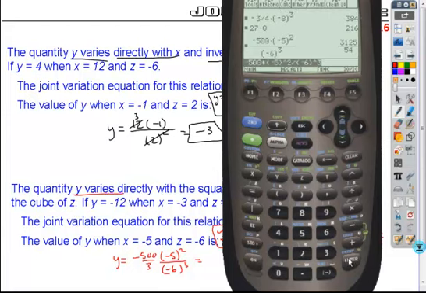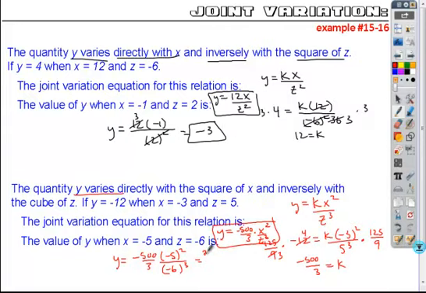And I get my answer here, 3,125 over 54. And that would be my solution.